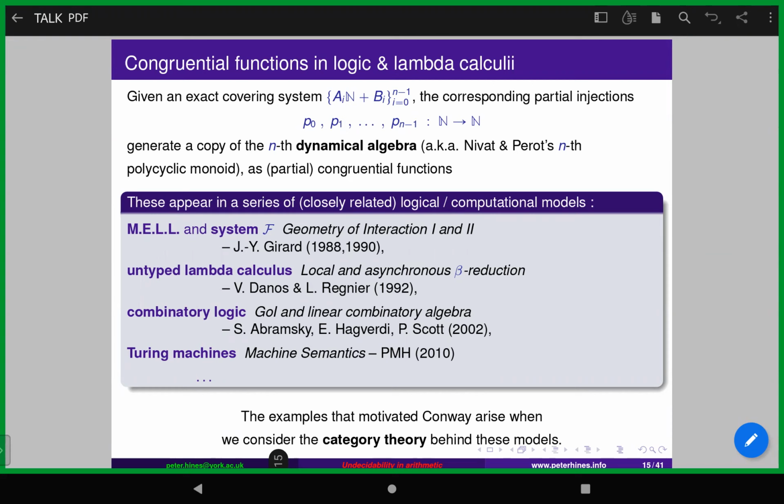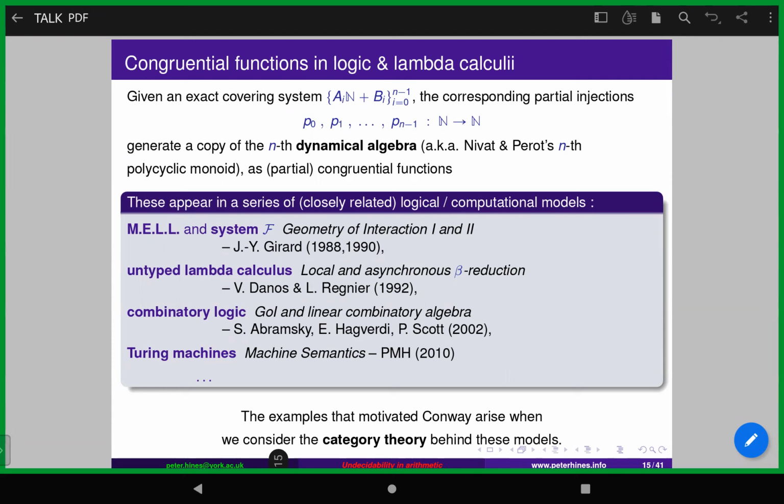Well, the nth dynamical algebra rather, because we have possibly different numbers of generators. We see it turning up in automata theory, even a recent PhD thesis in linguistics. And I like to judge how fundamental a mathematical structure is by how many times it's rediscovered. And this one is certainly up there in the top 10.